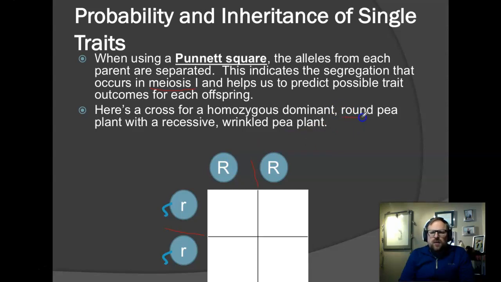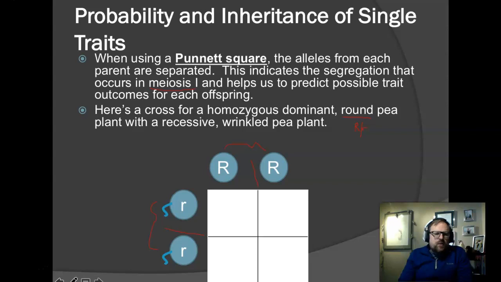So since our dominant trait is round, we would choose the letters big R and little r to represent our alleles for this particular gene, which is the shape of the pea. So that's why we have big R, big R. So homozygous dominant, that's this individual here, and homozygous recessive, that's this individual here.